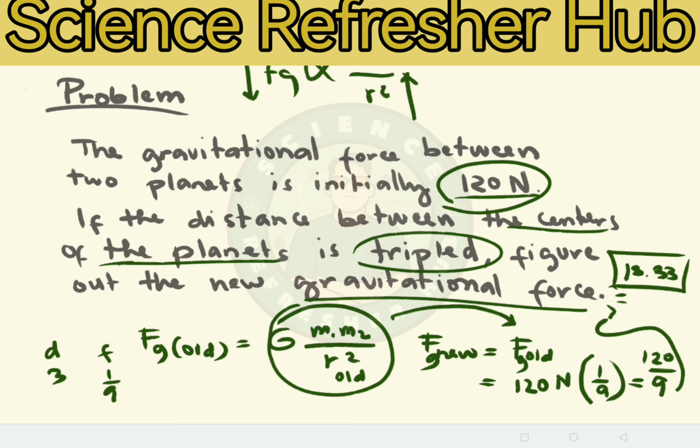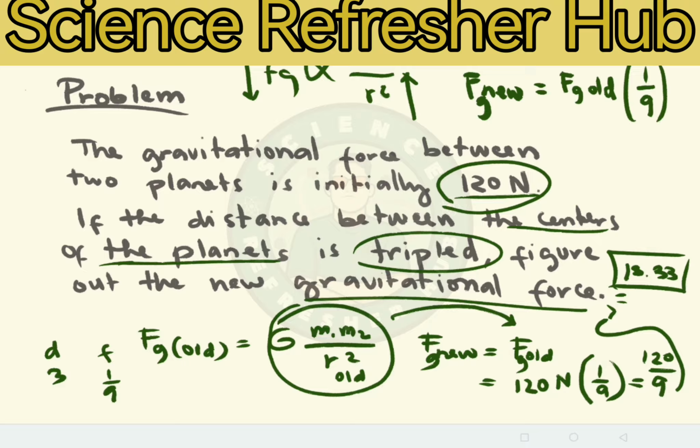As simple as this. If the problem will not give you the value of the two masses, then of course we can just do the shortcut to find the new gravitational force, by just multiplying if ever the distance will be tripled, or 5 times, or in this problem it's tripled. So as we calculated earlier, you can just multiply the old FG by the force factor if the distance is being tripled.